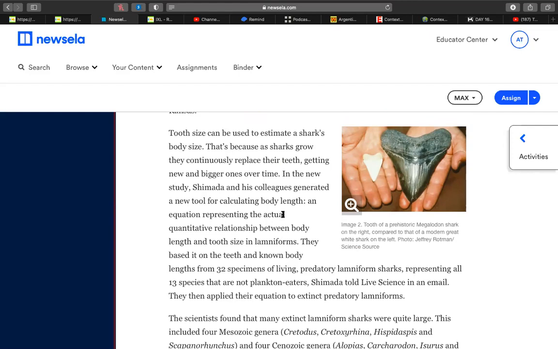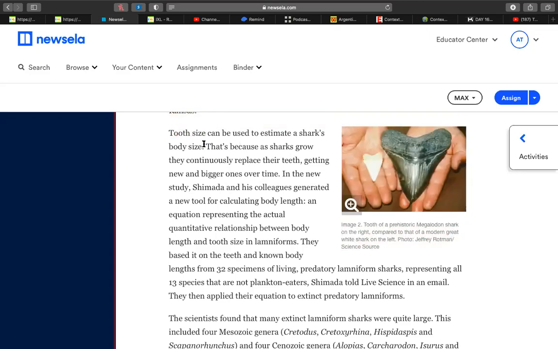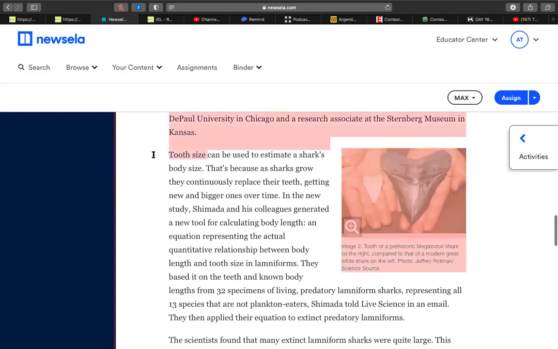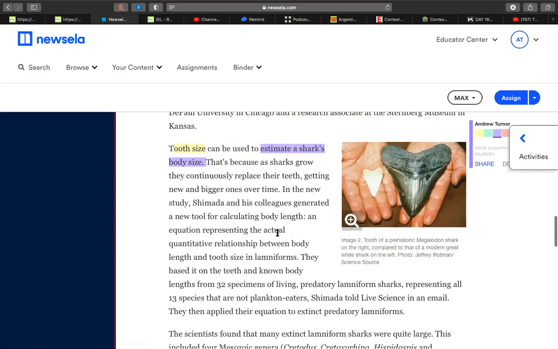Tooth size can be used to estimate a shark's body size. That's because the sharks continuously replace their teeth, getting new and bigger ones over time. In the new study, Shimada and his colleagues generated a new tool for calculating body length, an equation representing the actual quantitative relationship between body length and tooth size in lamniforms.